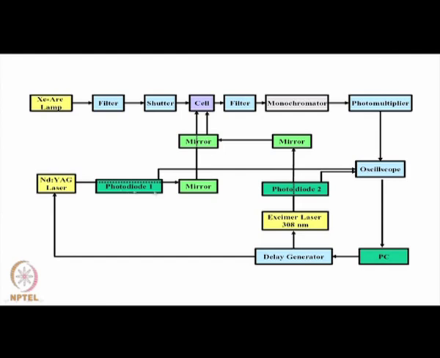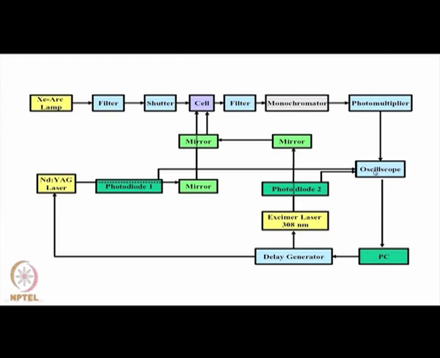So, this light is falling on the cell, and it generates the excited ensemble of molecules. The moment this laser is falling on your sample, a portion of your Nd:YAG laser light is fed into a photodiode to turn on the oscilloscope.